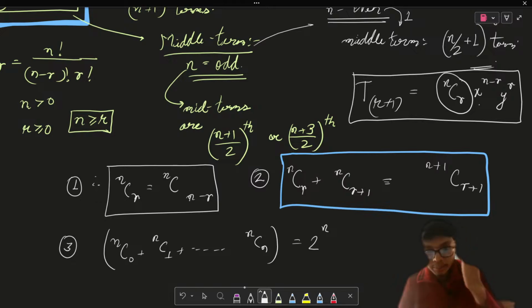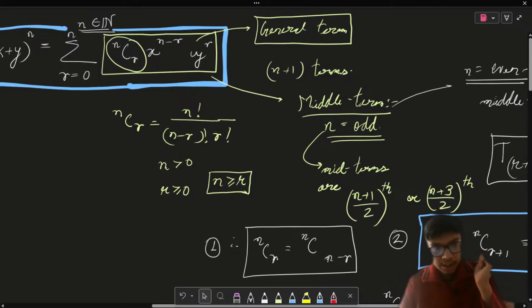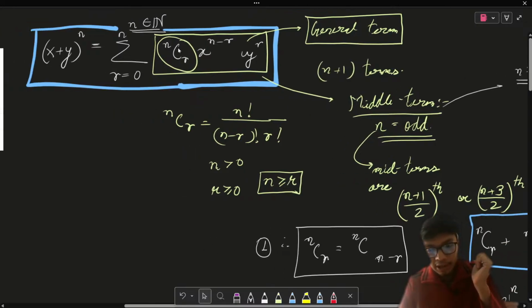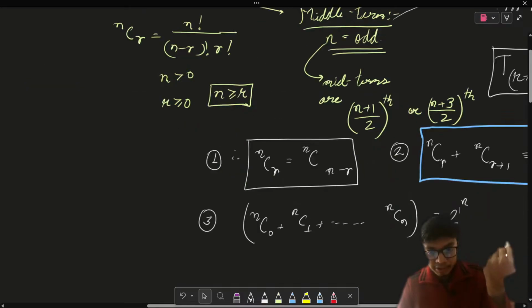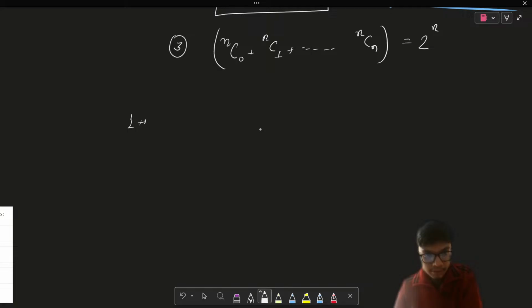Now, we were discussing the binomial expansion for which the value of n is a natural number. What happens if we have a negative number or a fractional index? So, binomial for a fractional index.